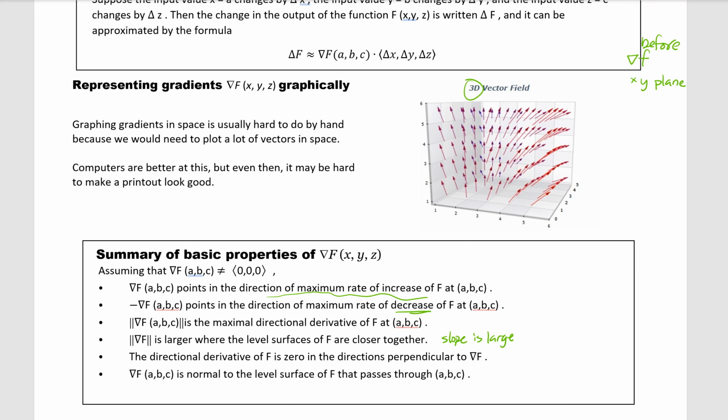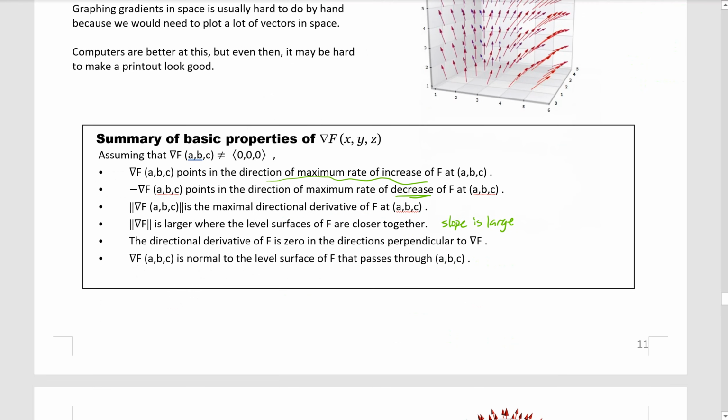The directional derivative of f is 0 in the direction perpendicular to the gradient vector. And the gradient vector is normal to the level surface of f that passes through the point. Yeah, so the same thing holds as we learned before. Okay, let's continue.